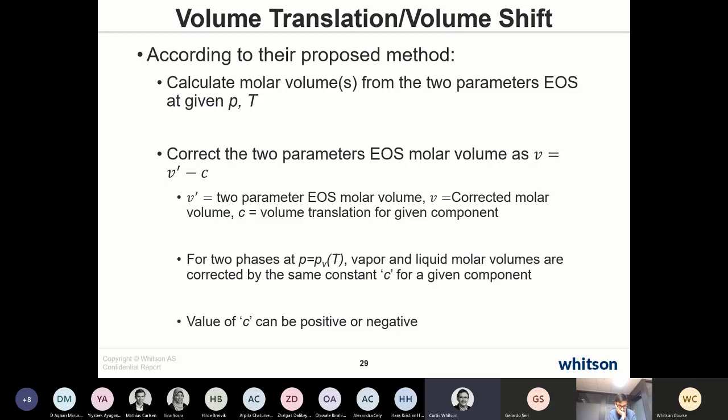So the way around the problem prior to the implementation of the Péneloux volume shift, basically people had different approaches to fixing, quote unquote, the 2-parameter equation of state. The most common, which ExxonMobil and Amoco and now BP used, was to determine correction terms to the A and B beyond the default SRK and Peng-Robinson A and B value for each component.